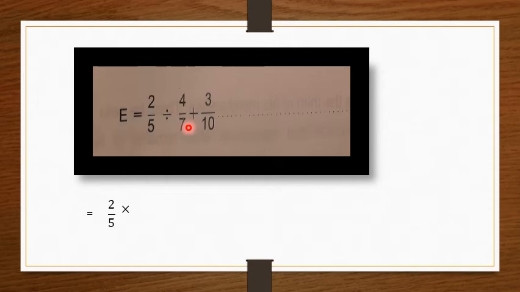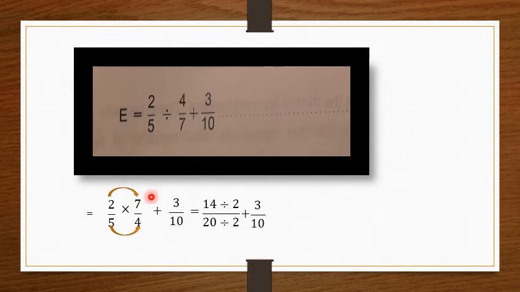So instead of writing 4 over 7, I have to write times 7 over 4 plus 3 over 10. It's so easy here. I have multiplication and addition, so priority goes for multiplication. Now multiply the numerators by each other and the denominators by each other. 2 times 7 is 14, and 5 times 4 is 20, plus 3 over 10.